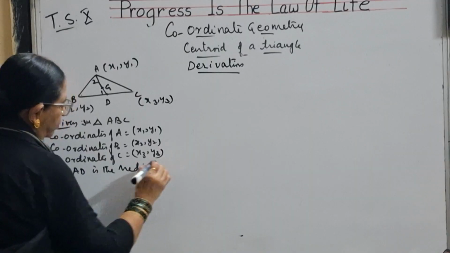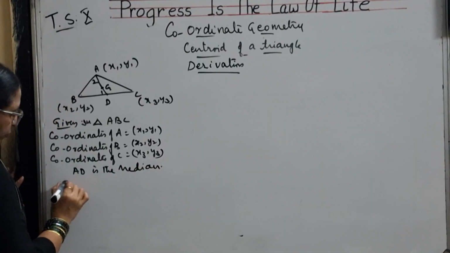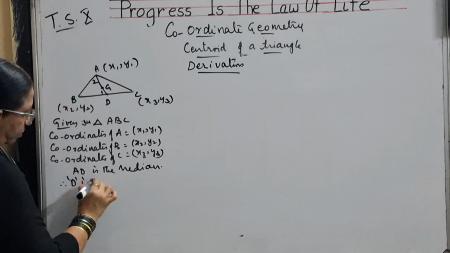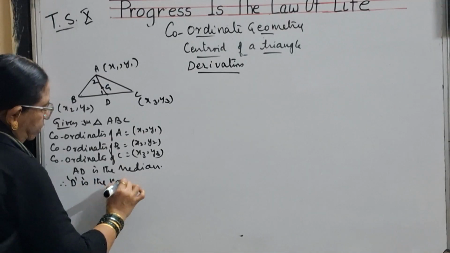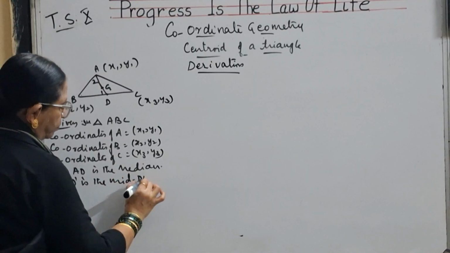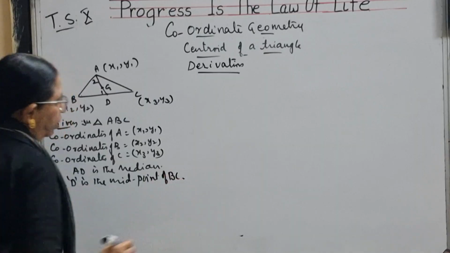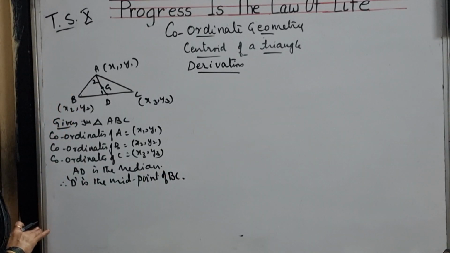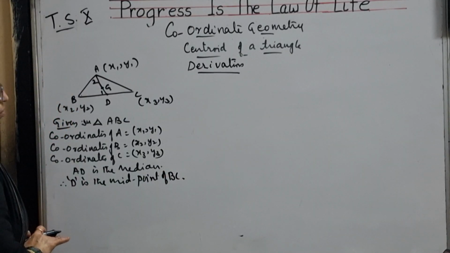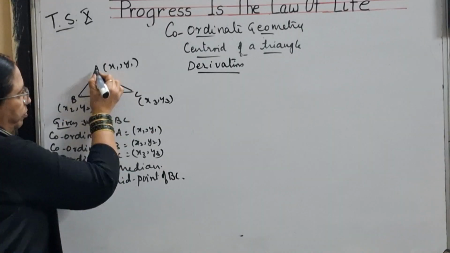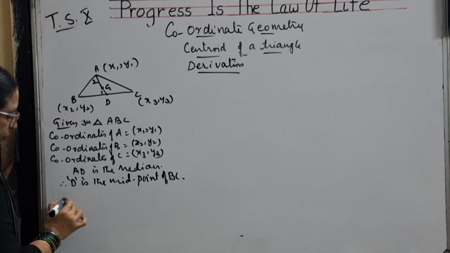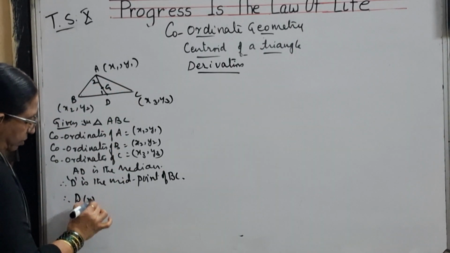Since AD is the median, therefore D is the midpoint of BC. Why did I tell you median? It is the line segment joining the midpoint of a base to the opposite vertex A.